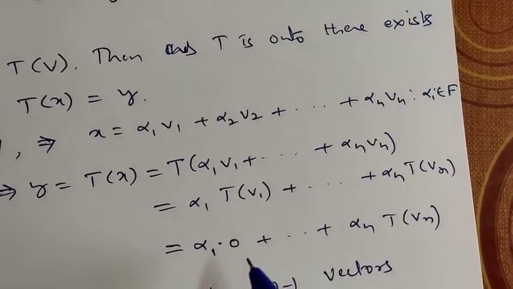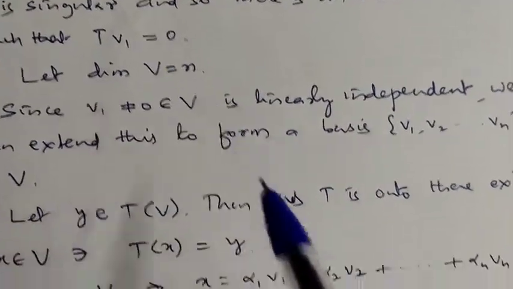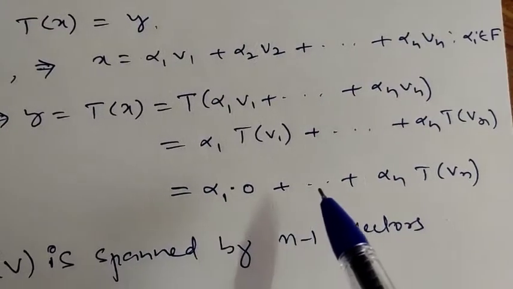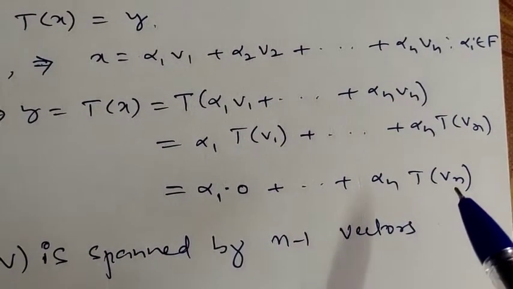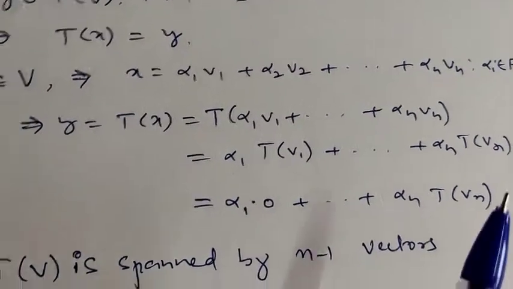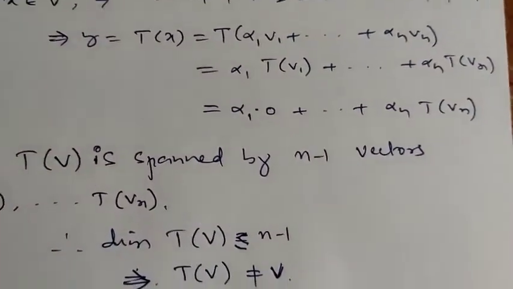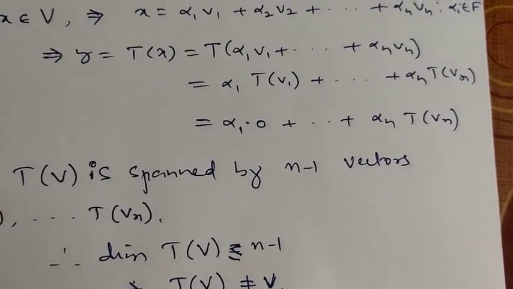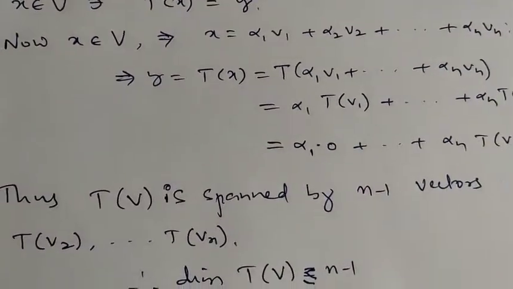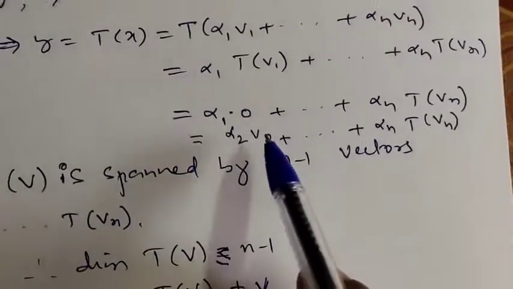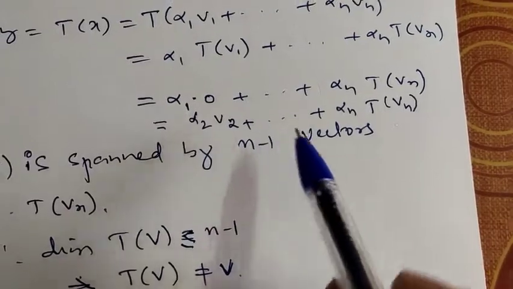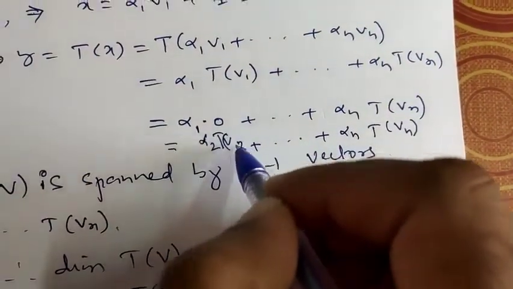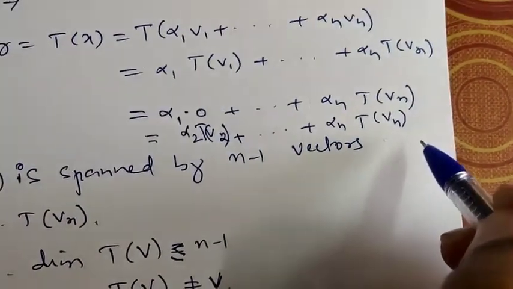This is equal to alpha 1 into T of V1, which is 0, since we have assumed that T of V1 is 0. So alpha 1 into 0 means the remaining terms are alpha 2 into T of V2, and so on, alpha n into T of Vn.